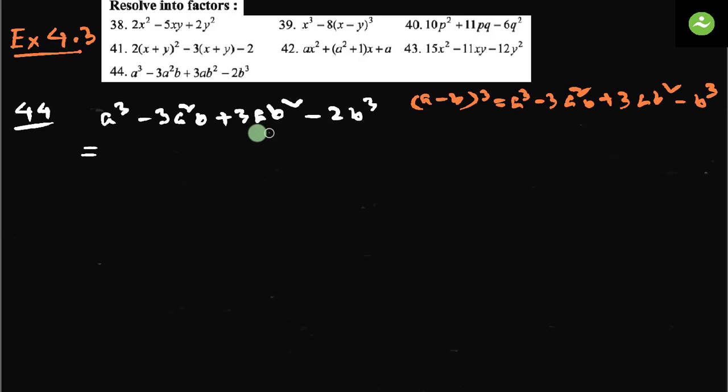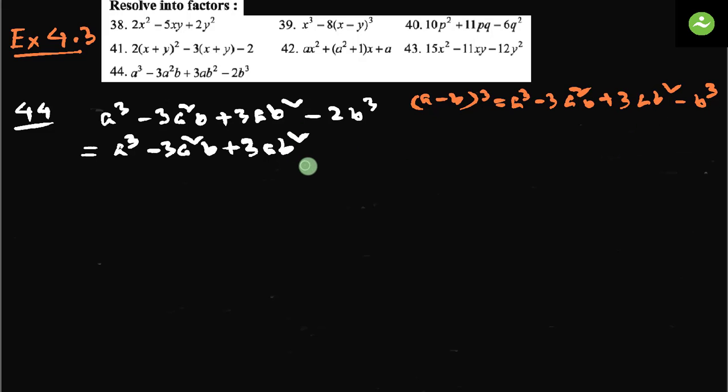We find similarity here, so let us complete the formula. a cube minus 3a square b plus 3ab square. Up to this it's okay, it has similarity, but after this it is minus 2b cube.